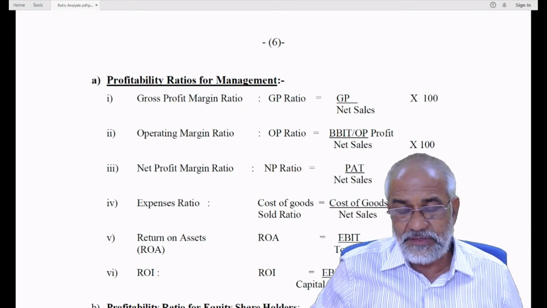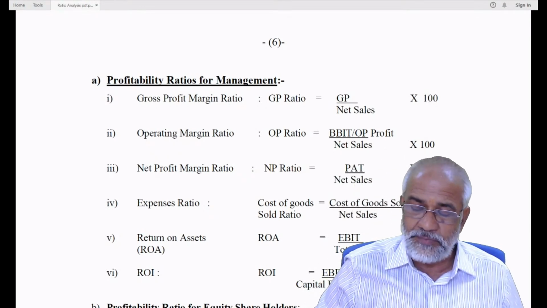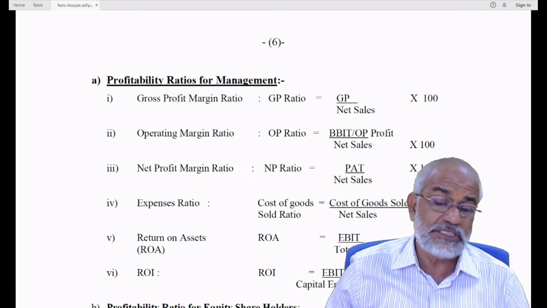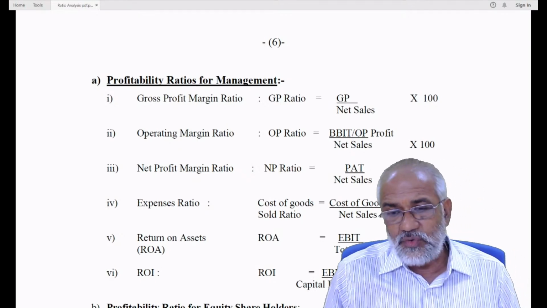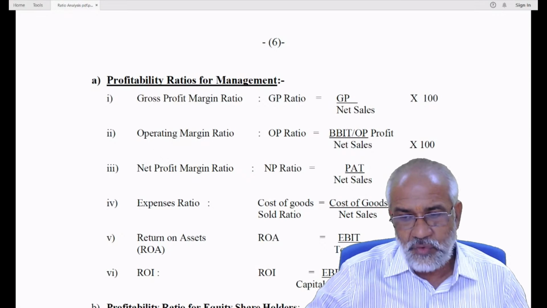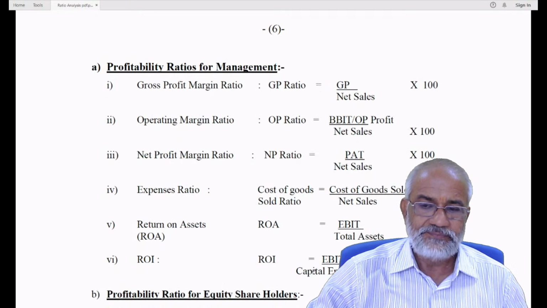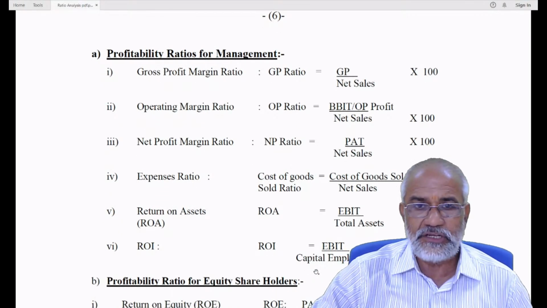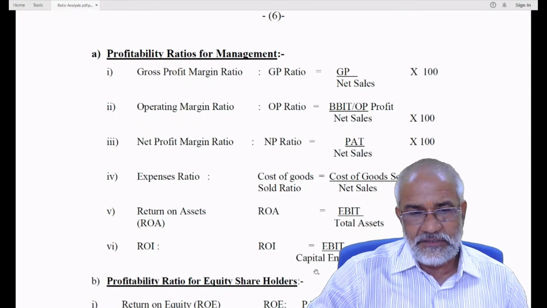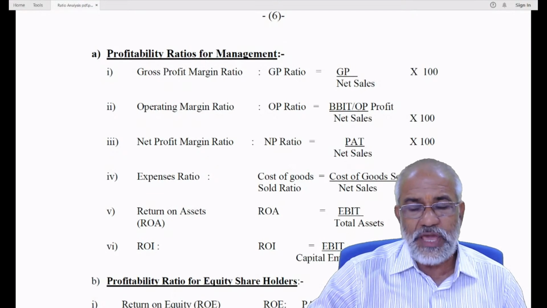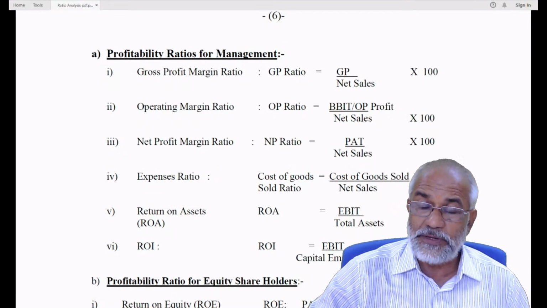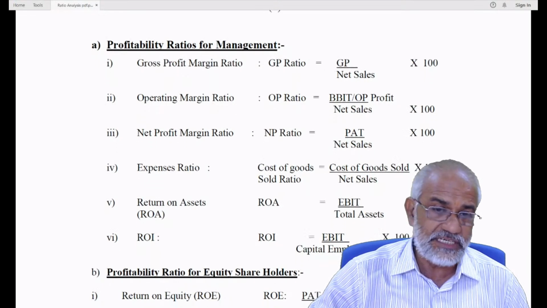This has to be multiplied by 100, because a profitability ratio is to be expressed in terms of percentage only. There is another way of determining ROI: net profit divided by net worth into 100. That would also be the return on investment. So these are the 6 types of profitability ratios where the management is most interested.